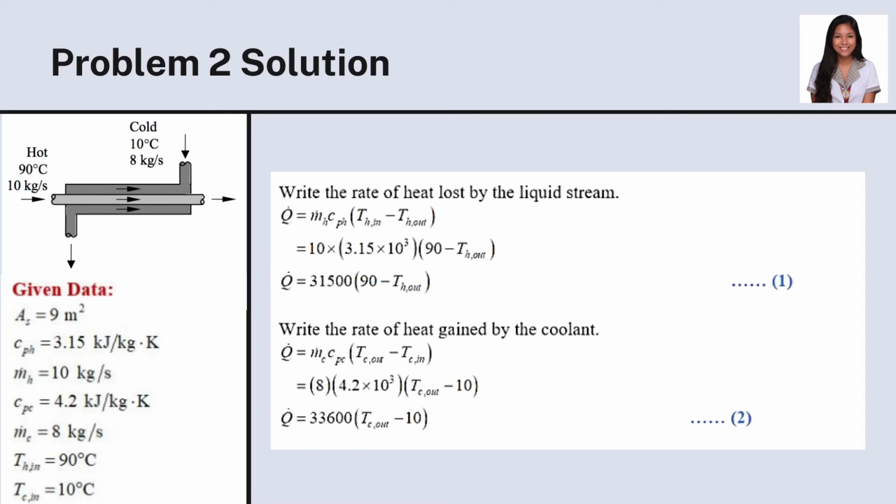Similarly, we can also get the rate of heat gained by the coolant, which will be Q equals 33,600 multiplied by the quantity of the cold fluid temperature in the outlet stream minus 10. These will be given by equation 1 and equation 2 respectively.